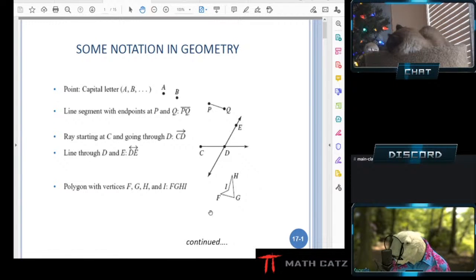Then we have a polygon. Now we'll elaborate on that in a second. But often the corner points of the polygon are points, whether they're big black dots or not. They can be labeled with capital letters, and then the polygon is specified by just listing all of those points in sequence, starting wherever you want.